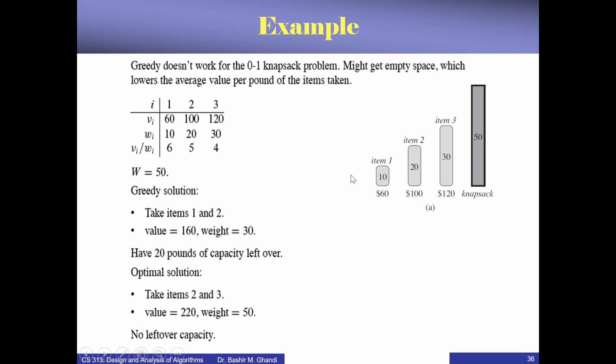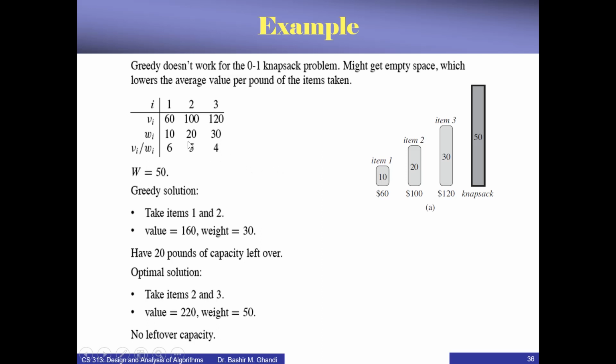Now, if you want to solve this problem using the greedy strategy, the first thing you need to do is compute the value per weight. This table shows the value per weight. For item 1, the value is 60 and it weighs only 10, so the value per weight is 6. For item 2, the value per weight is 100 divided by 20, which is 5. And the last one, item 3, is 120 divided by 30, which is 4.